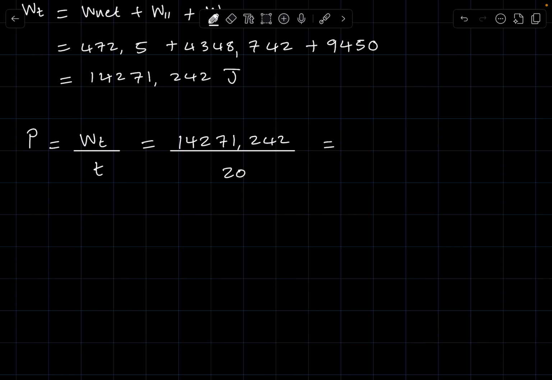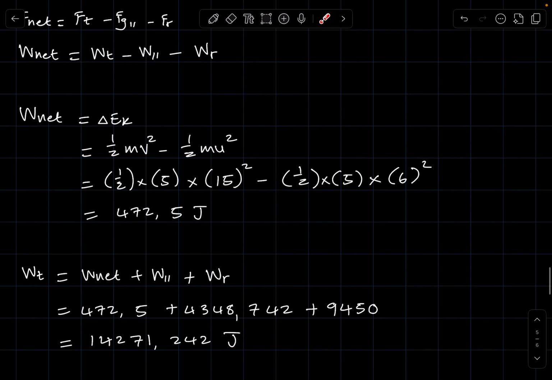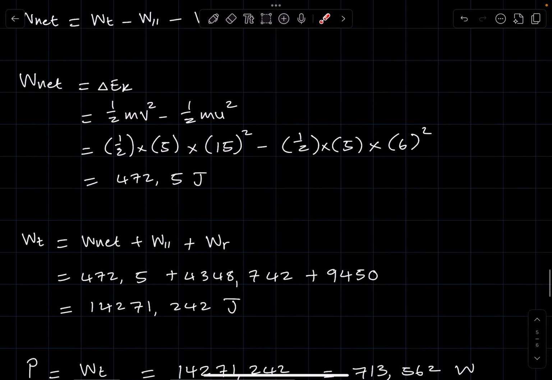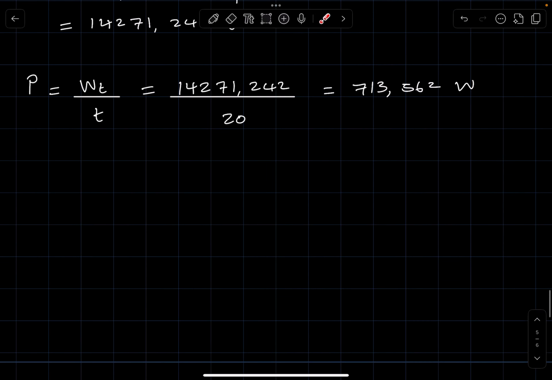Now if you punch this in your calculators, you get 713.562. This is in watts, which is essentially more or less the same as what we got when we used the first approach. That is why it is important to be familiar with all the approaches, so you can use the one that is convenient for the problem you are looking at.